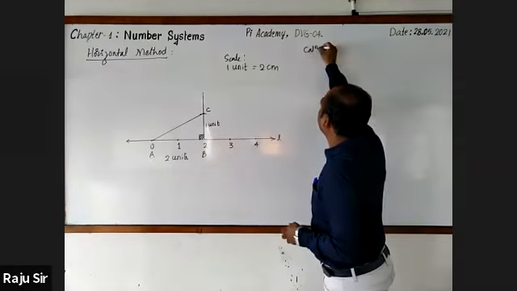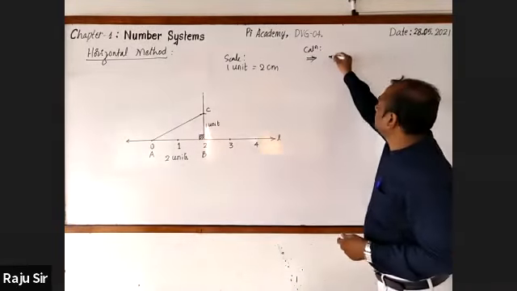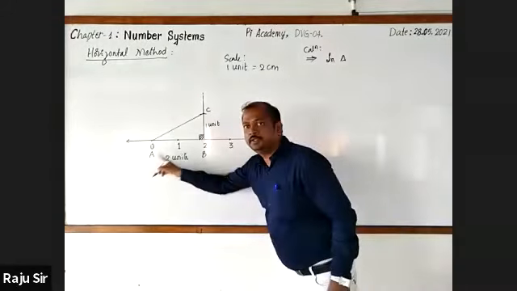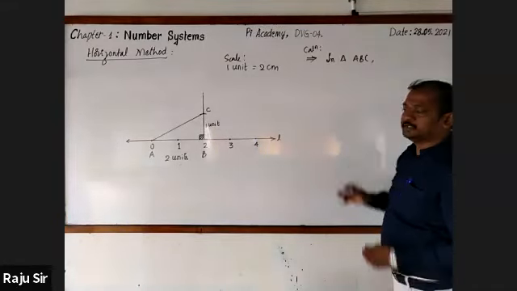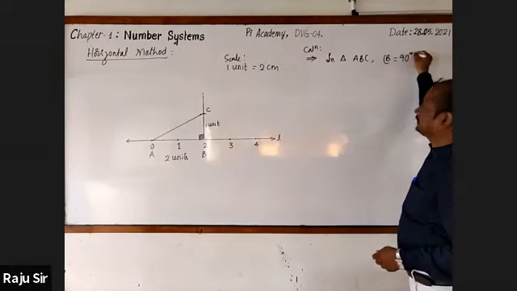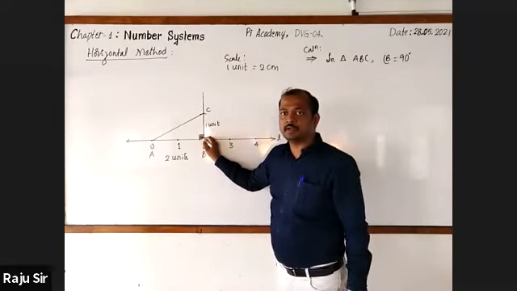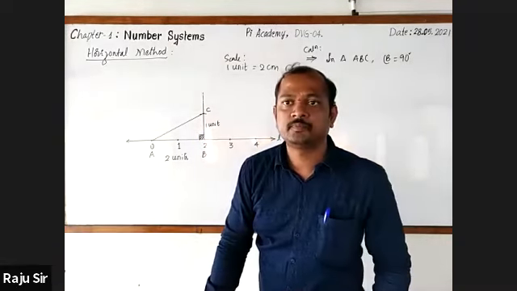Calculation. Go on writing with me. In triangle ABC, angle B is 90 degree, nothing but angle ABC is 90 degree, that we have marked here. Which theorem should be applied? Pythagoras.